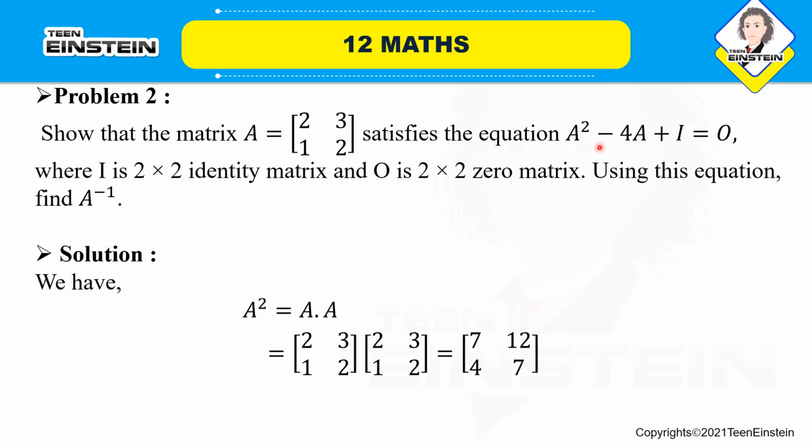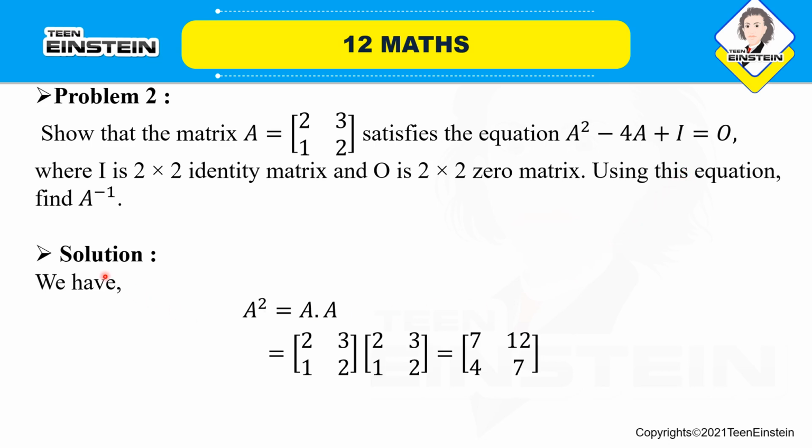Satisfies means if you substitute the values of A square, A, I in this equation, then in the left hand side you have to get the zero matrix of order 2. Then using that equation we have to find A inverse. We should not find A inverse directly here. Via this equation only, we have to find A inverse. So this is the question given here.